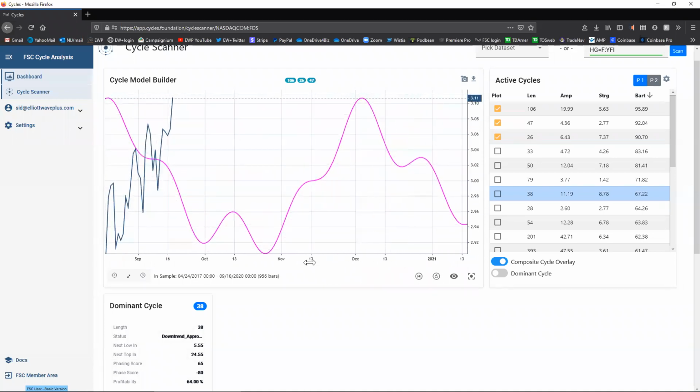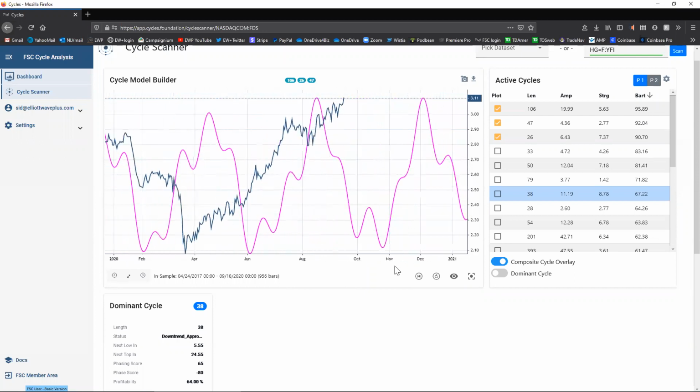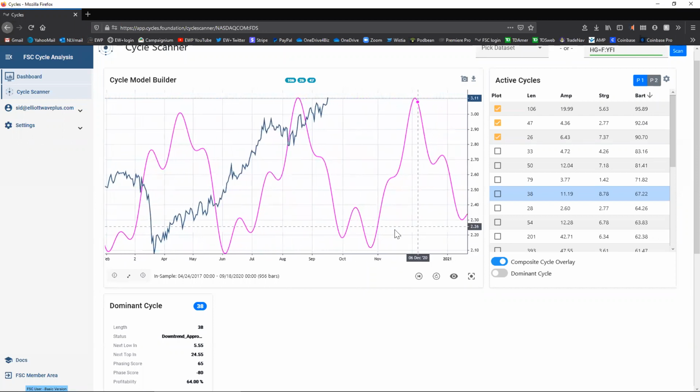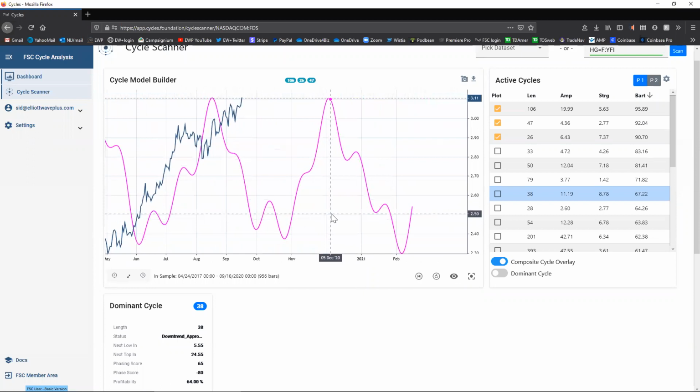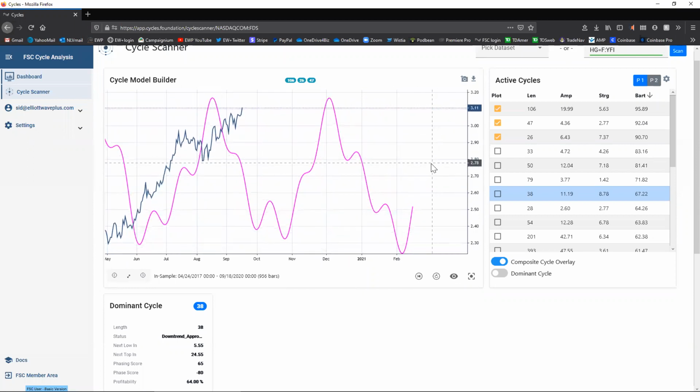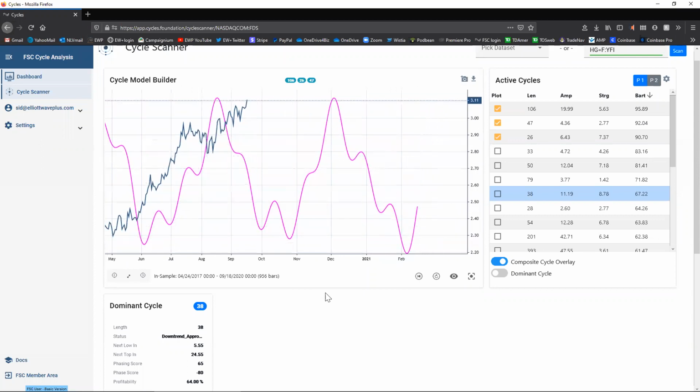But remember, on cycles, there is a specific word in the cycles world that is very important. They are detrended. So we can't take at face value the high or the low that they create during these swings.